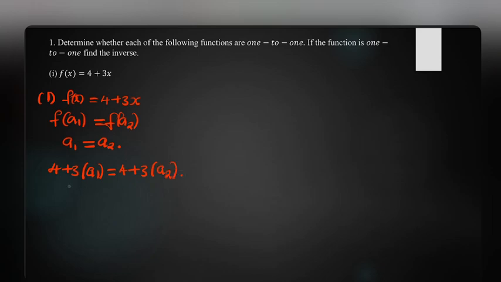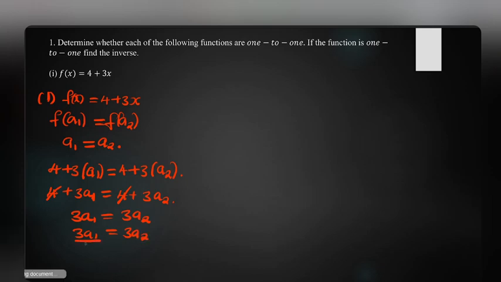So we have 4 plus 3a1, and this will give us 4 plus 3a2. From here we can see that this 4 can cancel with this 4, and you remain with 3a1 equal to 3a2.